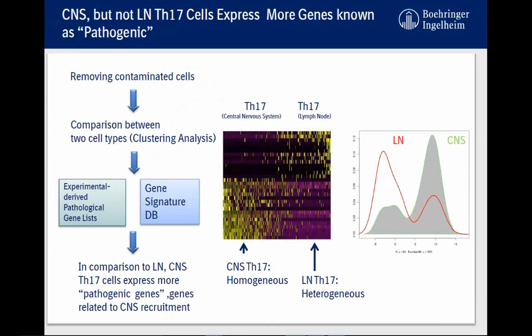So we find it interesting that these pathogenic genes, which are due to inflammation, are expressed in greater than 50% of the Th17 cells from the central nervous system, but really not from the lymph node. So apparently the Th17 cells in different tissues are different.